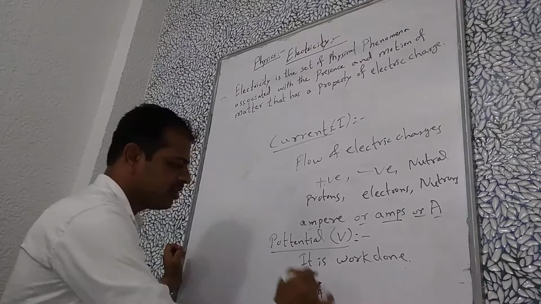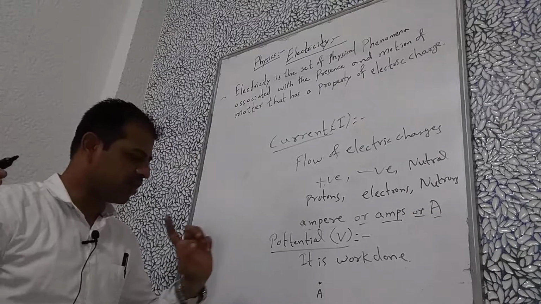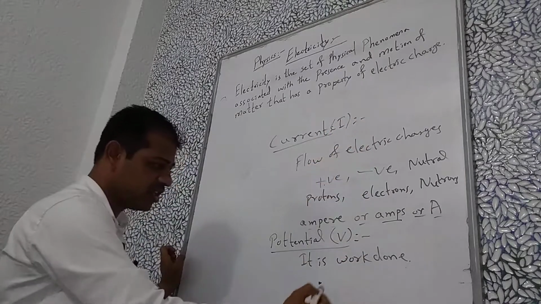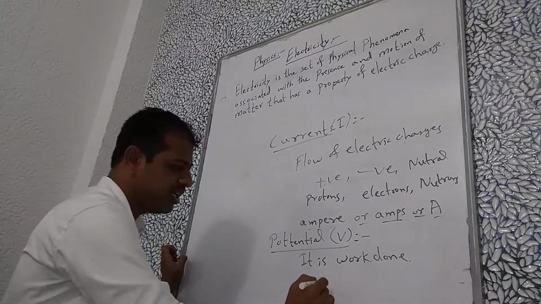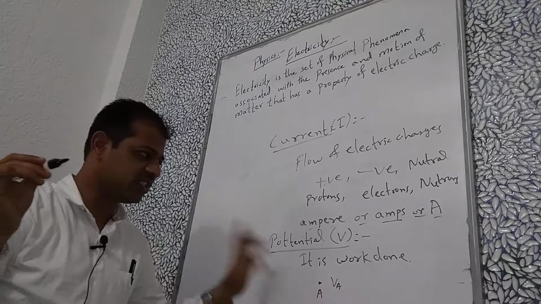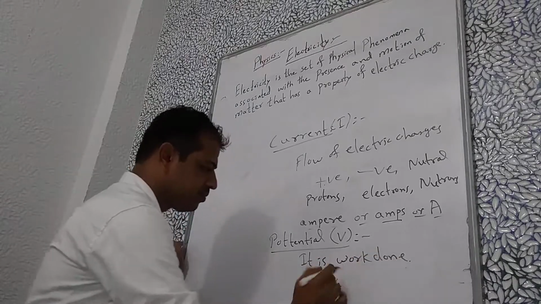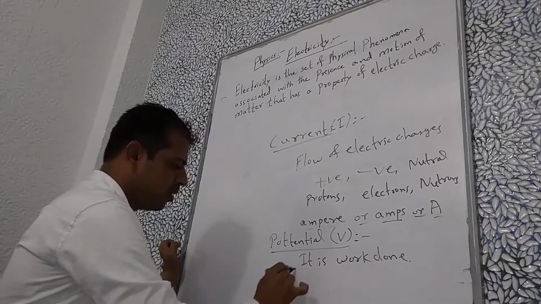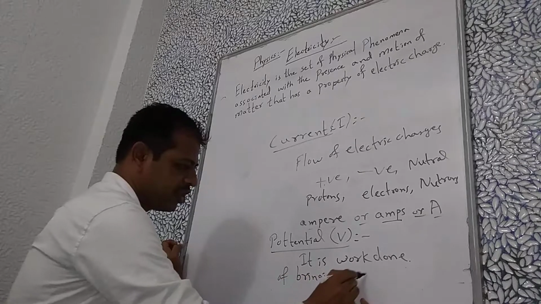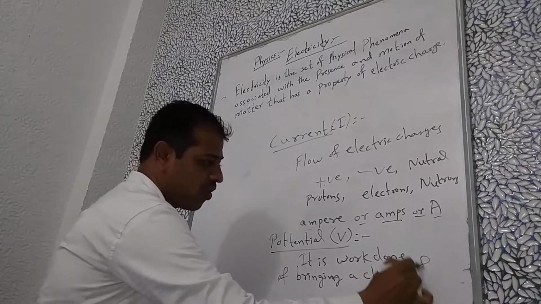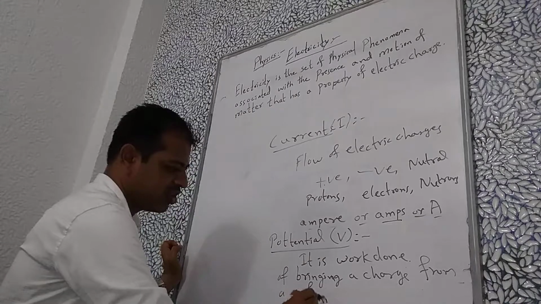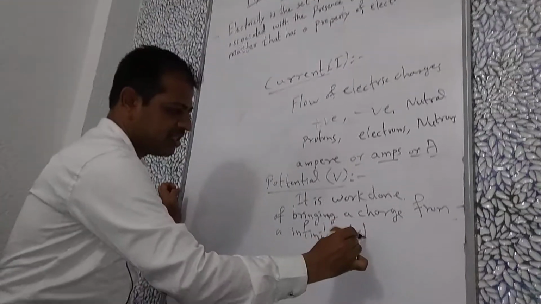Suppose point A is there. Bringing the charge from infinite distance to the point A, that is denoted by VA, the potential at point A. It is the work done of bringing a charge from an infinite distance.